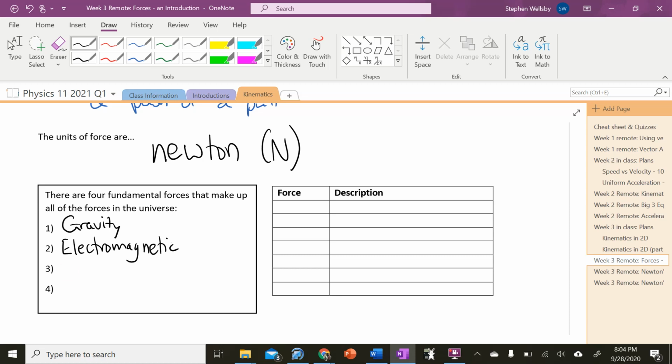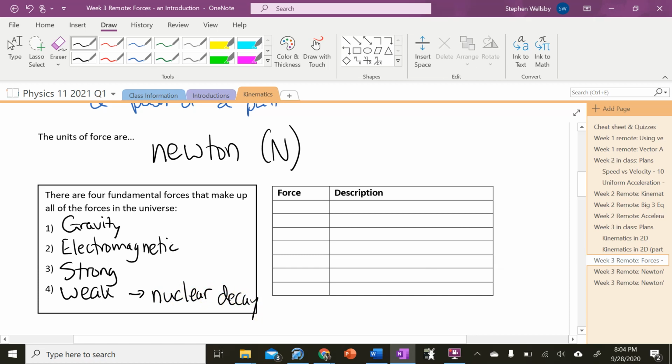Those two forces are what are called the strong force and the weak force. Both of these are related to atoms, or really the nucleus of atoms. The weak force controls nuclear decay.